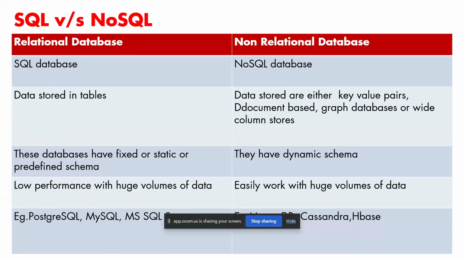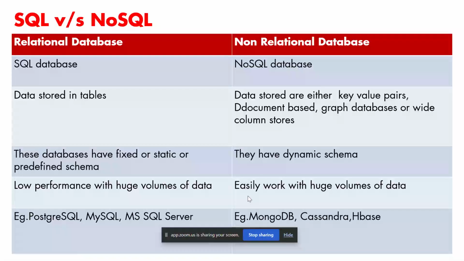All right. Now, we have two types of SQL. We have the SQL and we have the NoSQL. What are the similarities and what are the differences between them? The first difference between them, or rather, let me say it like this: SQL databases are relational databases.